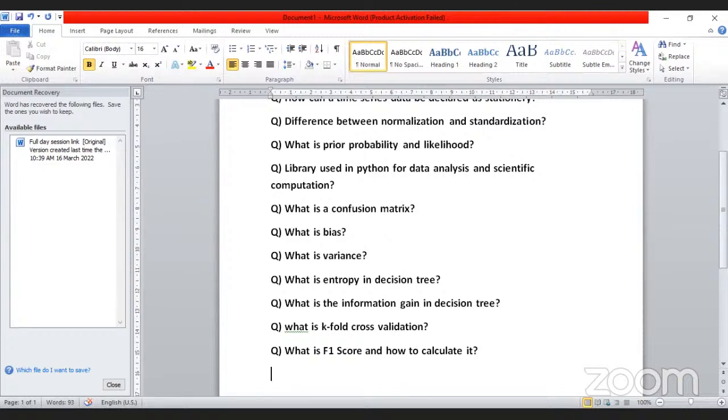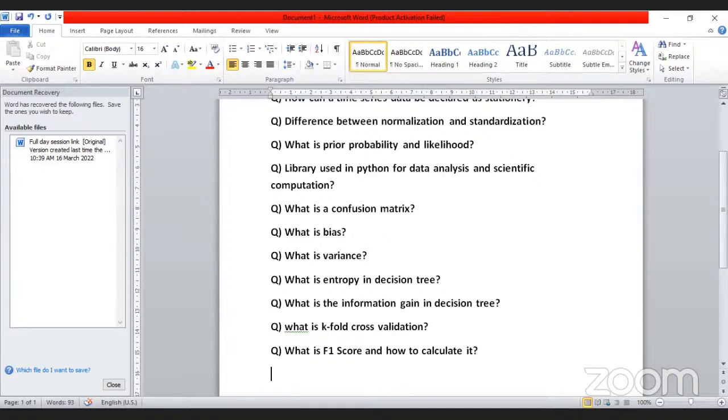If F1 is equal to 1, then the precision and recall are accurate. If the F1 score is less than 1 or equal to 0, then the precision or recall is less accurate, meaning they are not giving us the proper accuracy. They are completely incorrect.